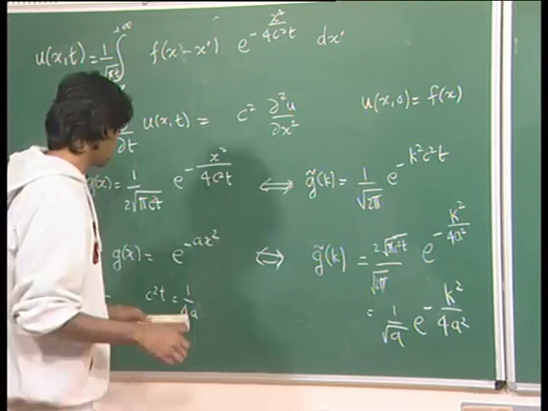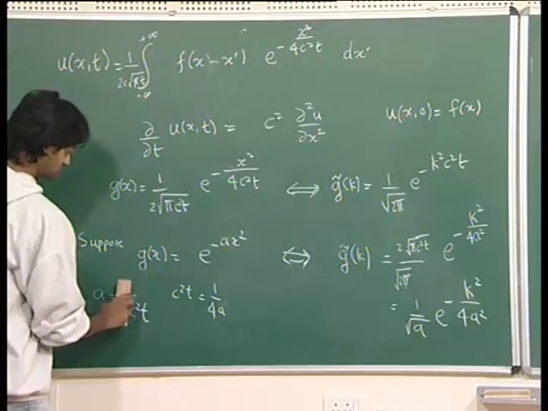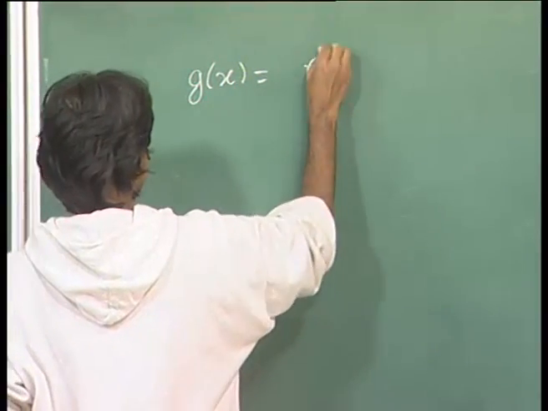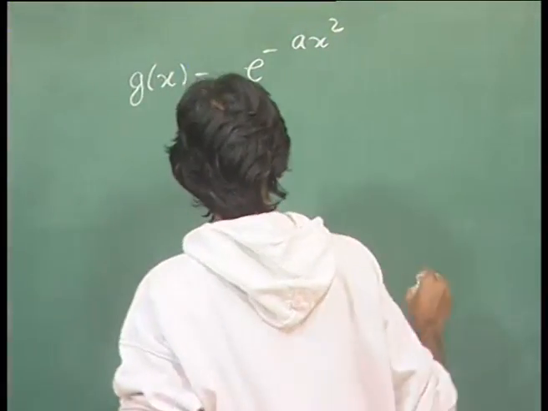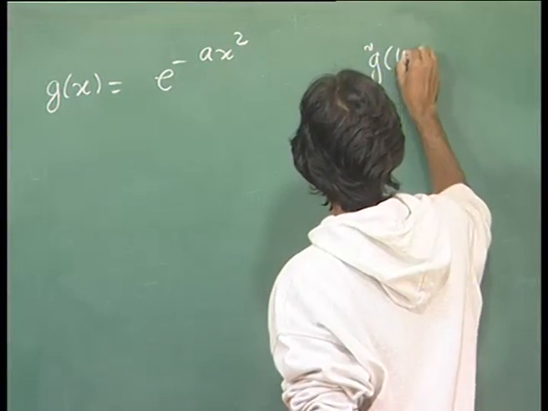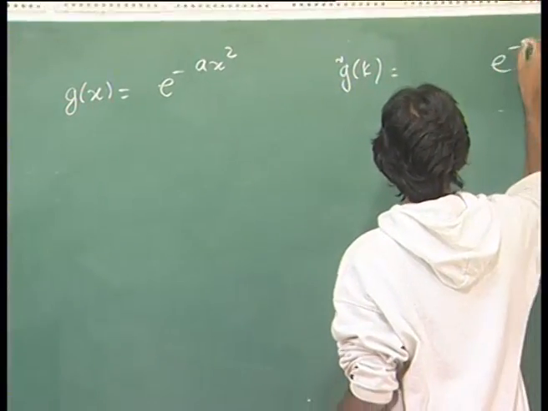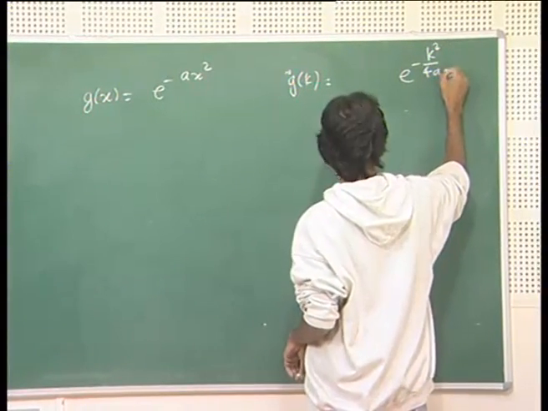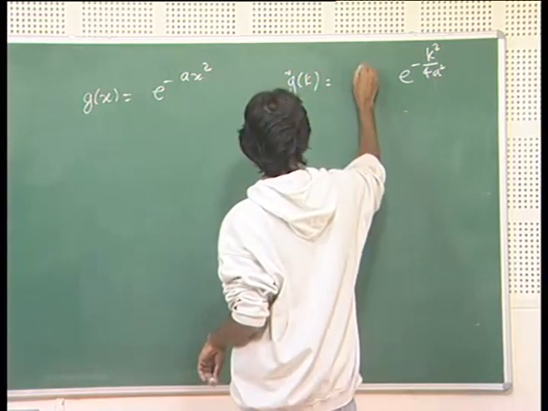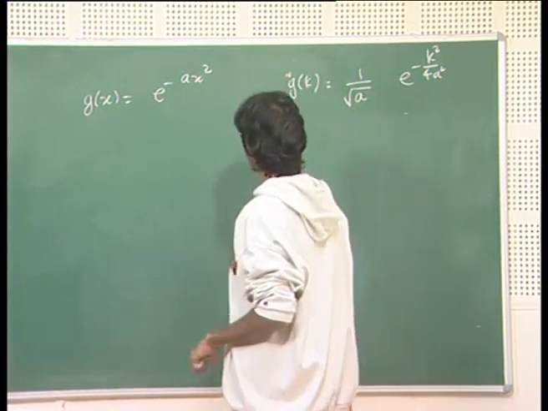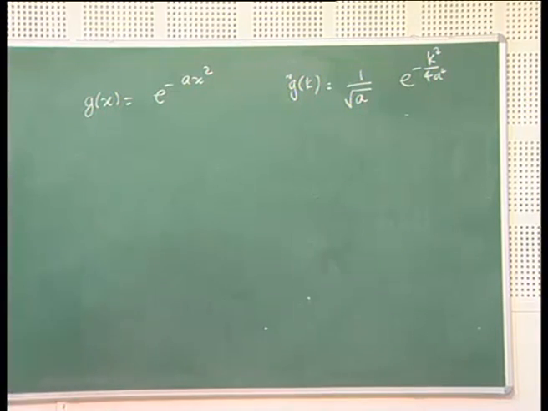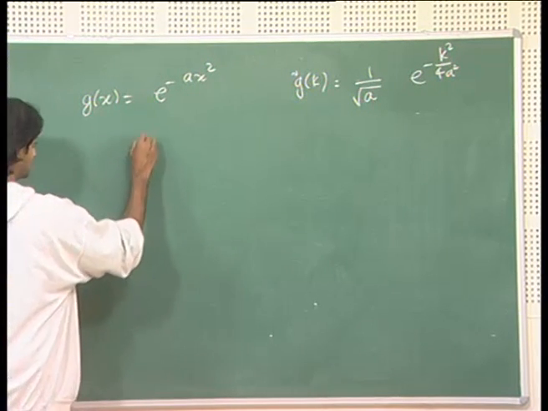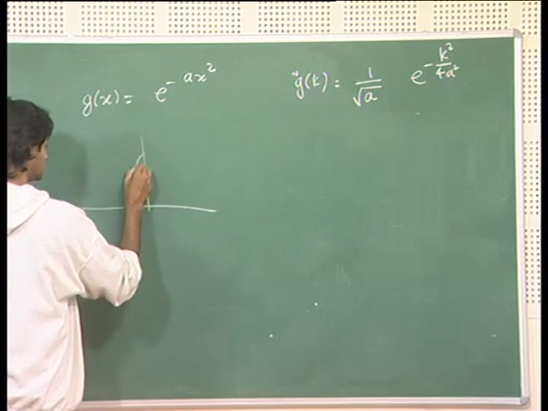Okay. So let us look at this a little more. I will just write it again here. g of x is equal to e to the minus a x square, g tilde of k is equal to e to the minus k square by 4 a square, multiplied by this constant 1 over root a. This function is called a Gaussian function. It looks like this.